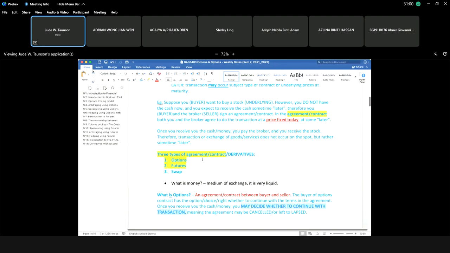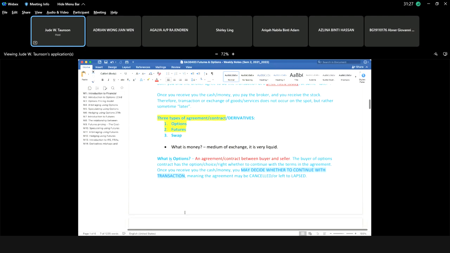So in option, saya boleh cancel kontrak itu. Saya boleh beritahu penjual saham itu, I'm sorry, saya tak nak jadi beli saham ini. Sorry bos, tak jadi beli, cancel. This is option, only the holder.